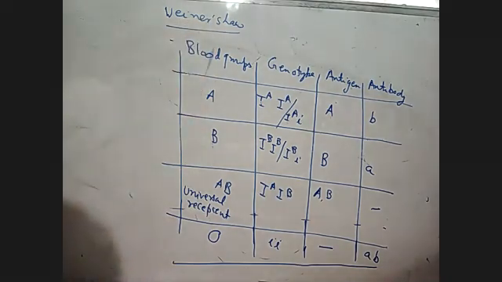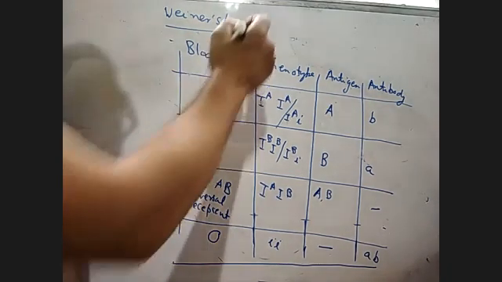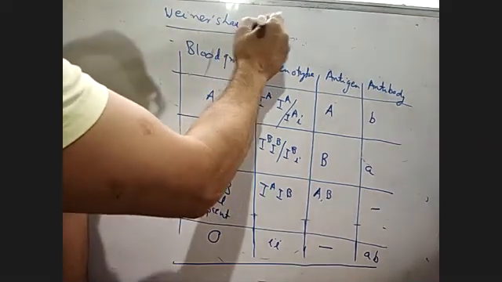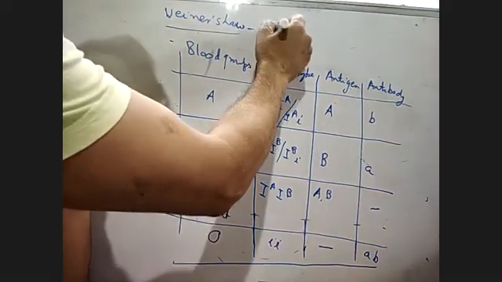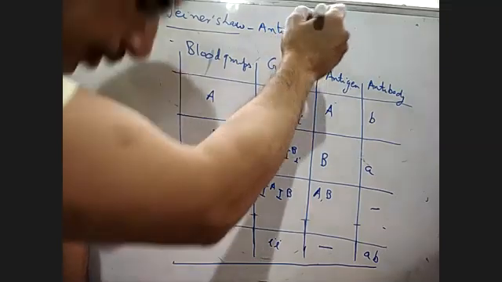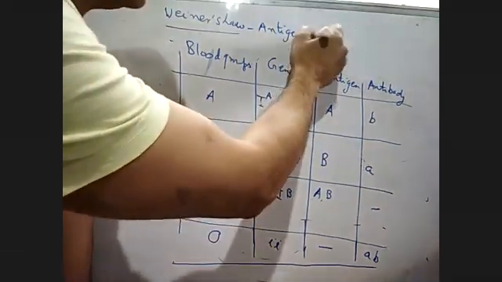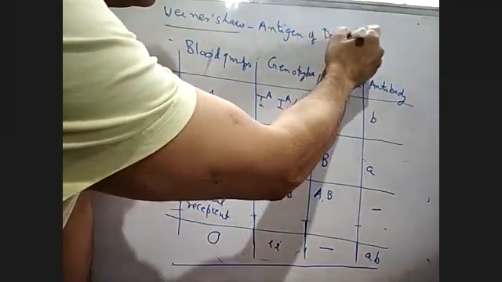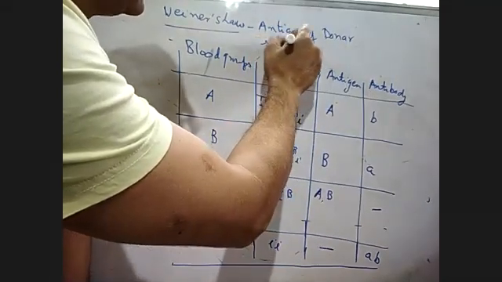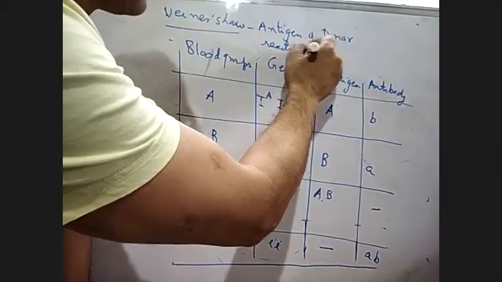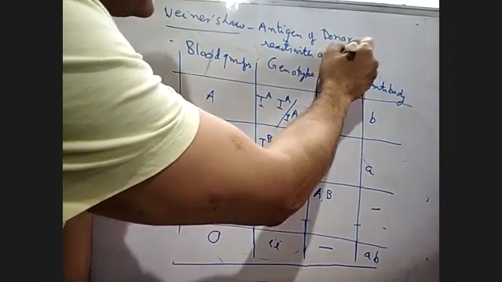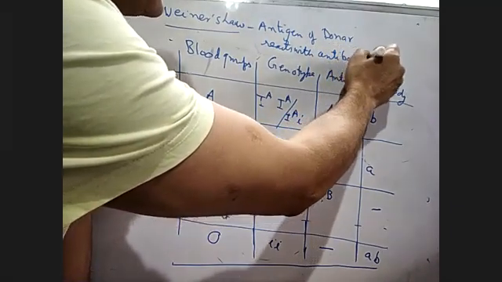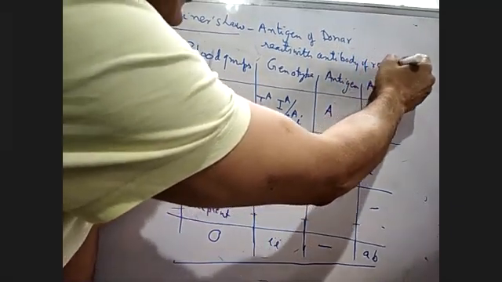Wiener's law states that the antigen of the donor reacts with the antibody of the recipient.